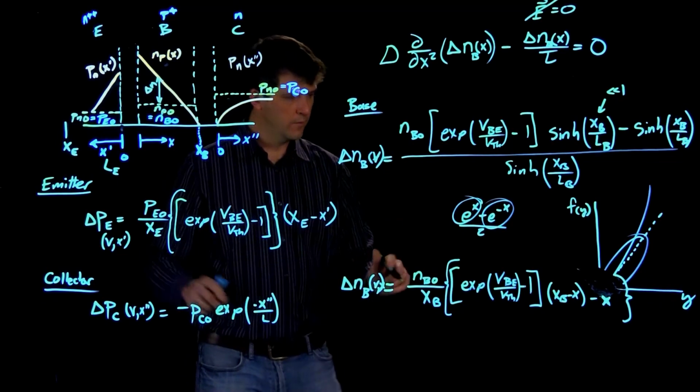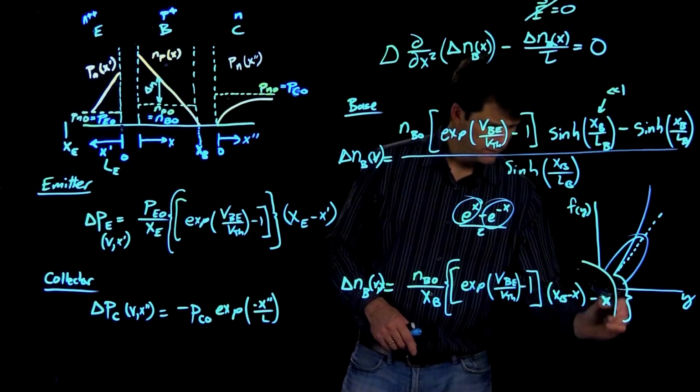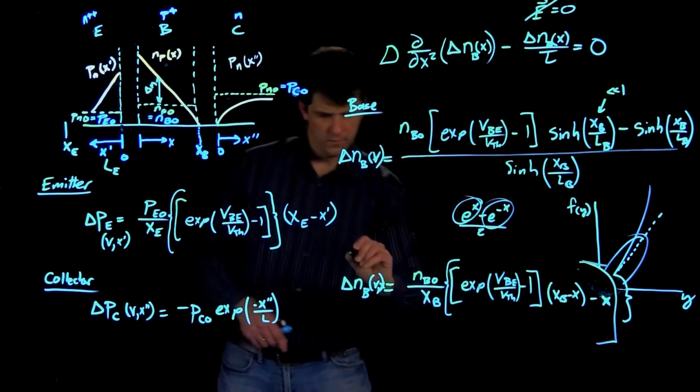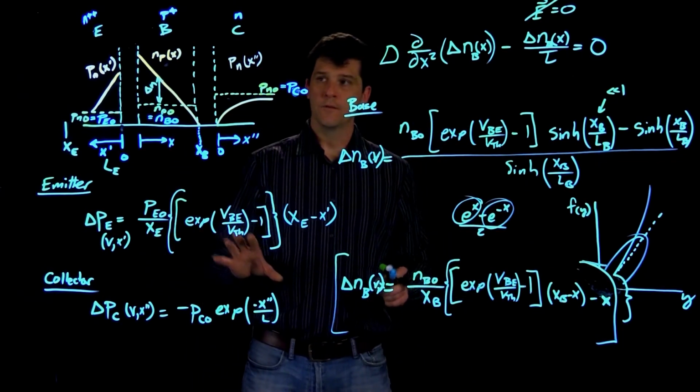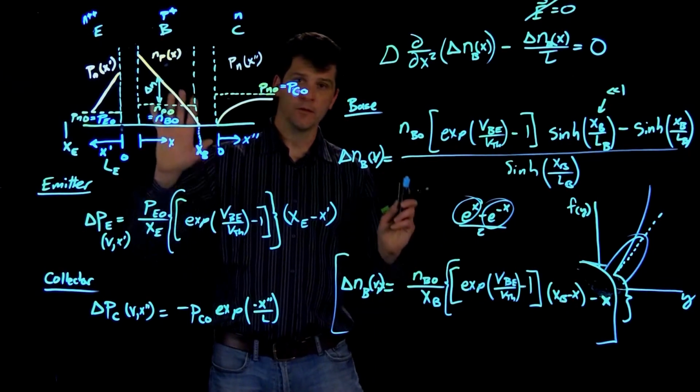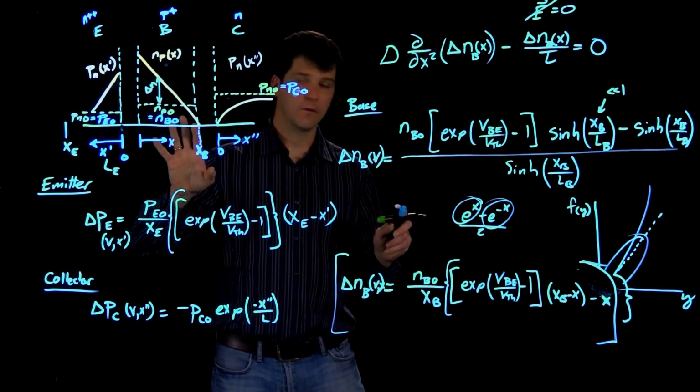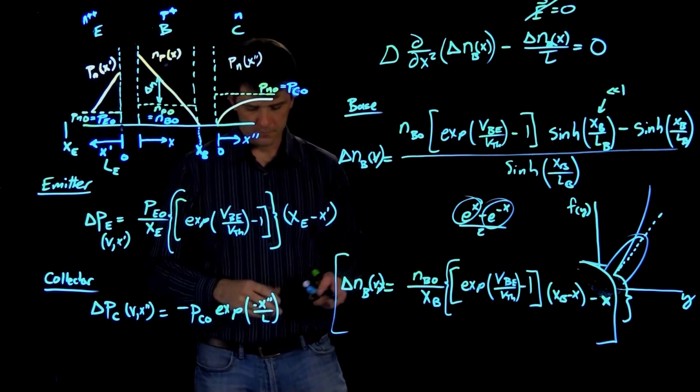So with these three equations, we can go through and solve for all the currents as a function of dopings and thicknesses and carrier lifetimes.